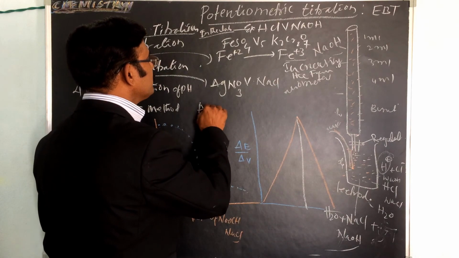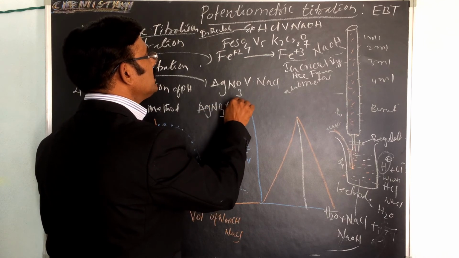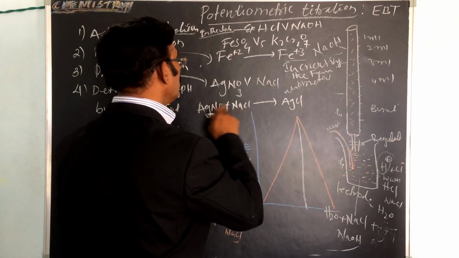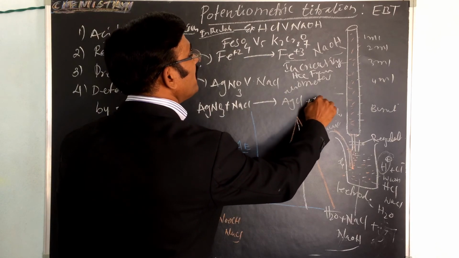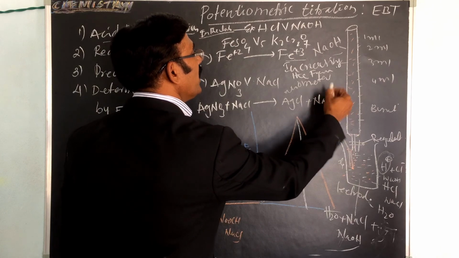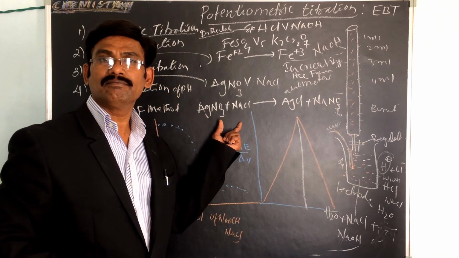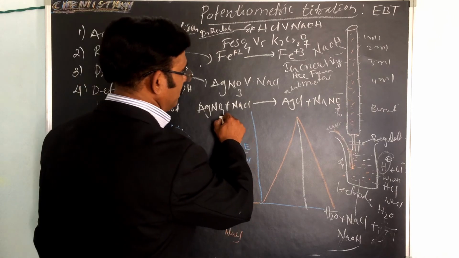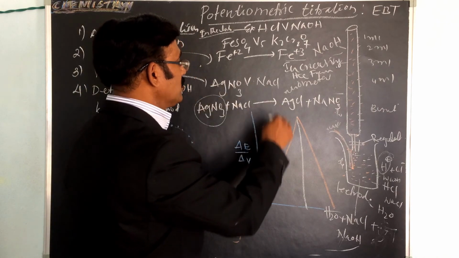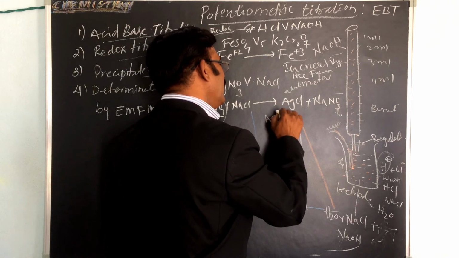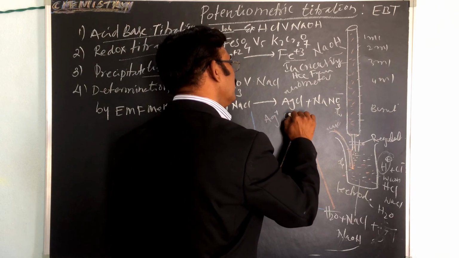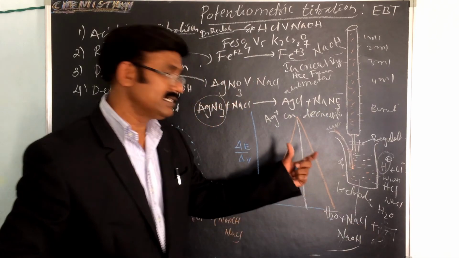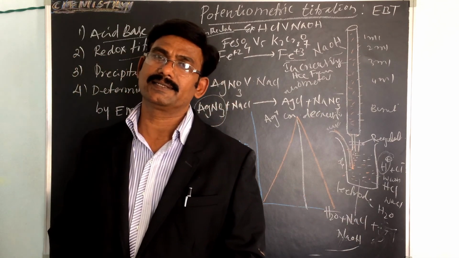Silver nitrate plus NaCl forms silver chloride plus NaNO3. So the silver ion concentration decreases here, like the H plus ions. The silver ion concentration decreases.